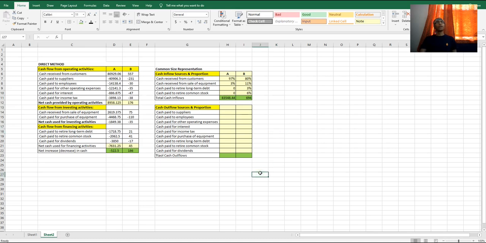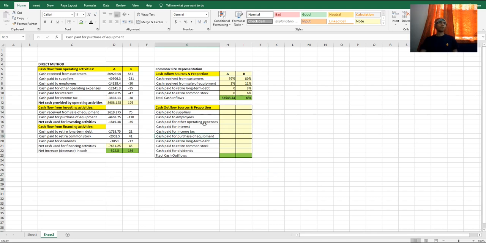So now we are in a position to compare, friends. 97% of the cash received in case of A is from customers while 80% is from B. Cash received from sale of equipment 3%, 11%. There is a drastic difference in both the cases.